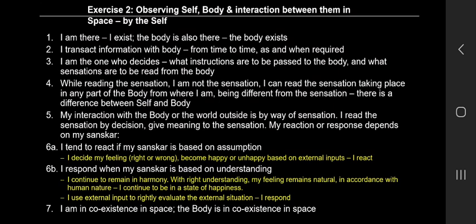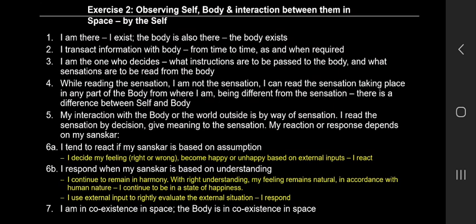Now I can also see that information is being exchanged between me and the body as and when required. Then I can also see that I decide what instruction to be passed to the body and what sensations are to be read from the body.